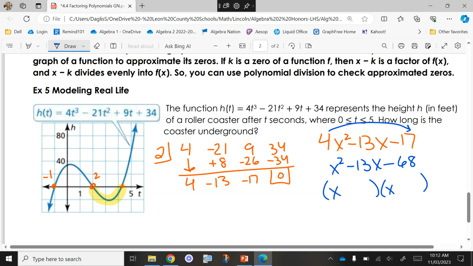4, negative 17. Positive 4, negative 17. And then what do we have to do from each piece? Divide the 4 back out. Remember, you had to slip the 4. This step, you slide the 4. So remember, slide, divide.